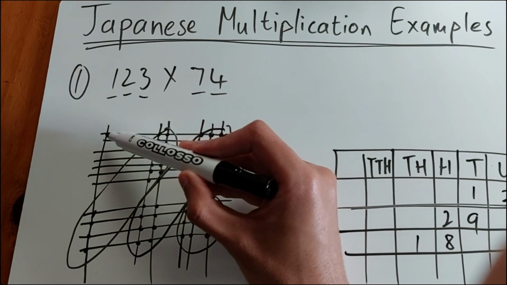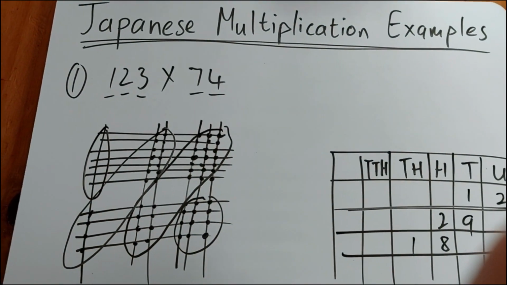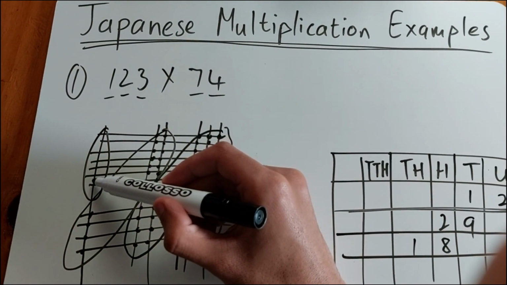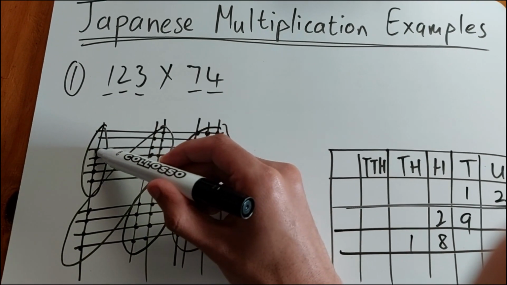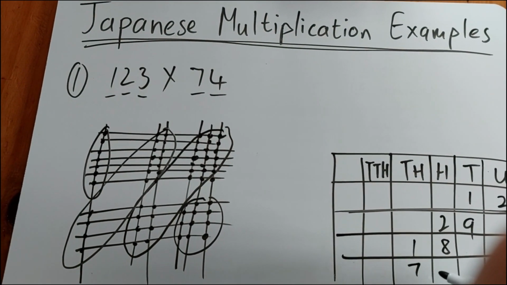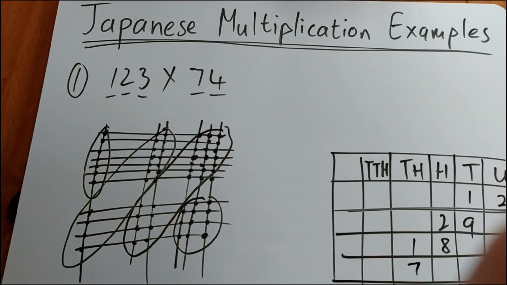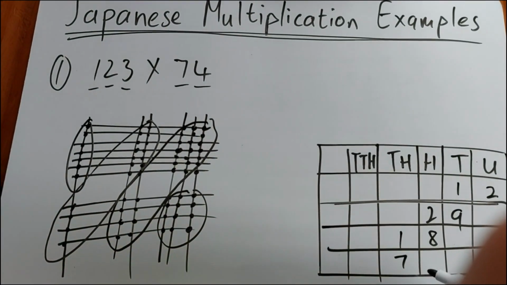And for our last top left group of cross sections, we have 1, 2, 3, 4, 5, 6, 7. Then we write our 7 in our thousands.